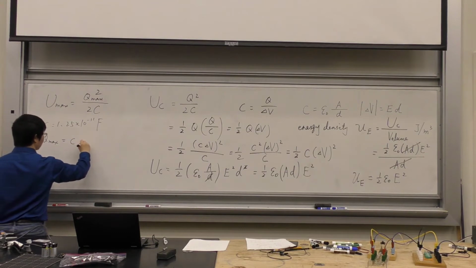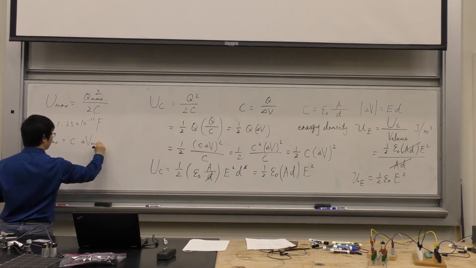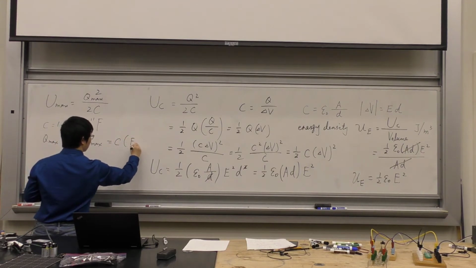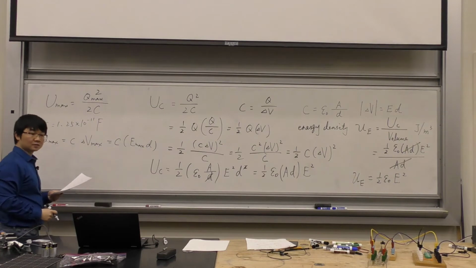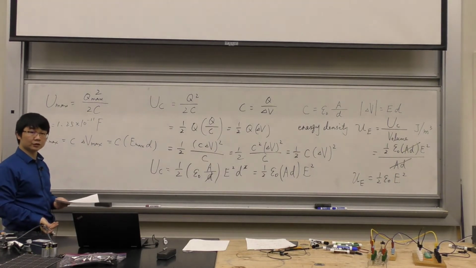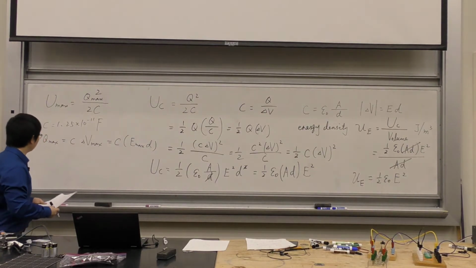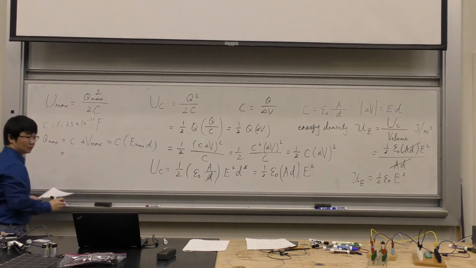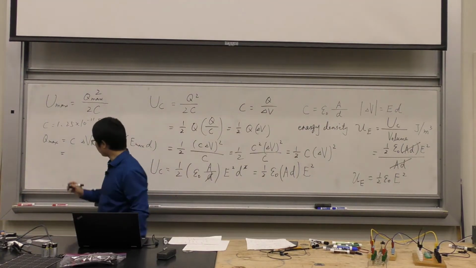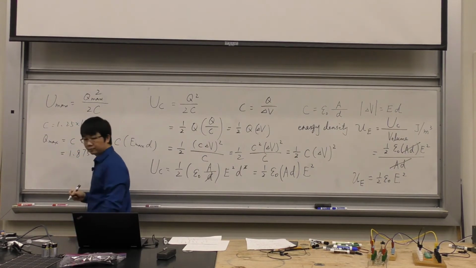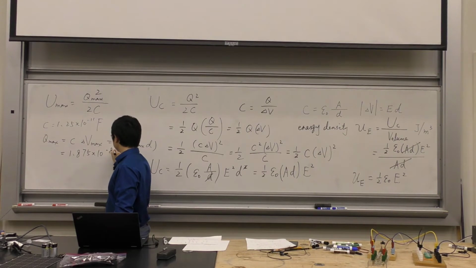We just did C times V max, and V max is just E max times D. That's the dielectric strength, a property of a certain material. For air, we looked it up and put it in. So the maximum charge we found in that part is 1.875 times 10 to the negative 8 coulombs.